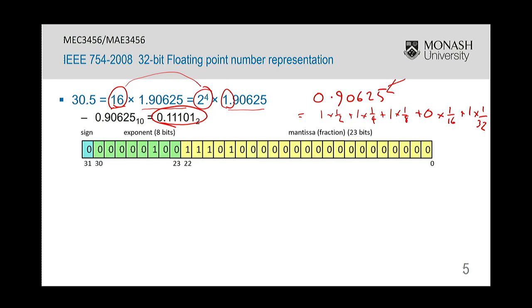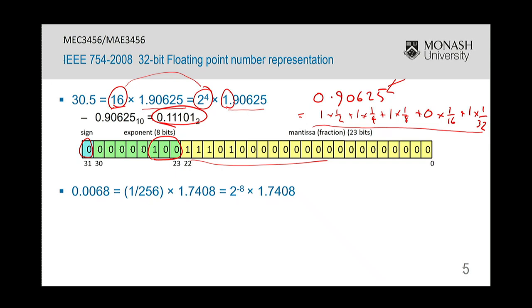Then this number is represented in our 32-bit notation as follows. The sign bit is 0 because it's a positive number. The exponent is the binary number 100, which is equal to 4. And this is the 0.90625, represented like this. So that's 30.5.